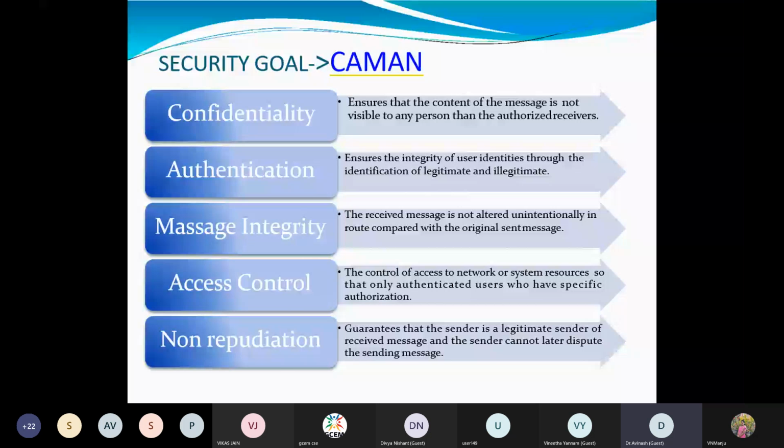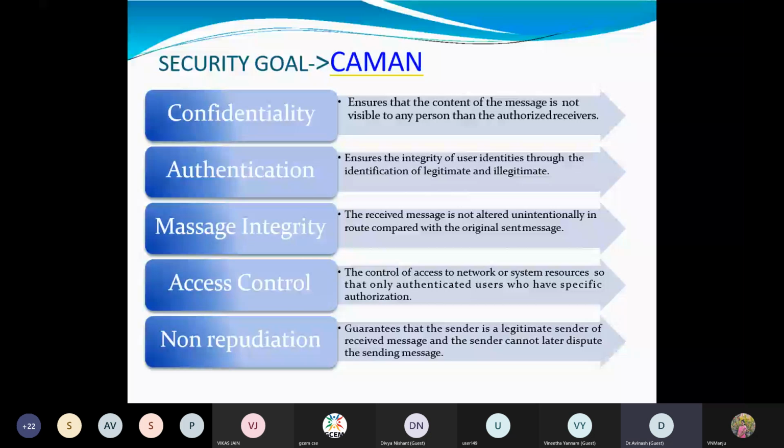suppose there is some irrelevant content in the message. In that case, whatever obligations or whatever kind of complaints the receiver is having is only with the legitimate sender. So that means the sender takes the entire responsibility of the message.